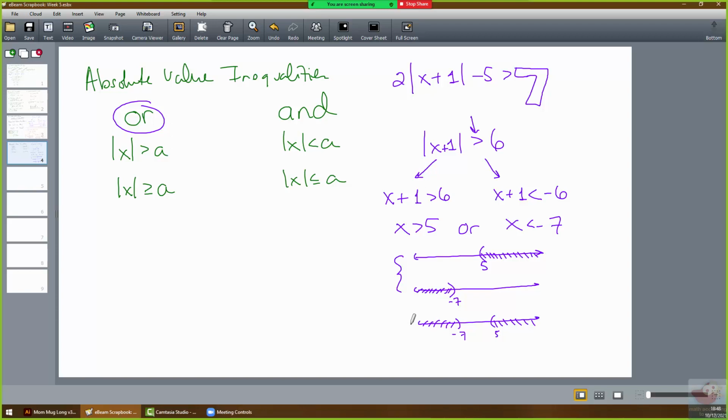In interval notation this would be -infinity to -7, union, parentheses, 5 to infinity.